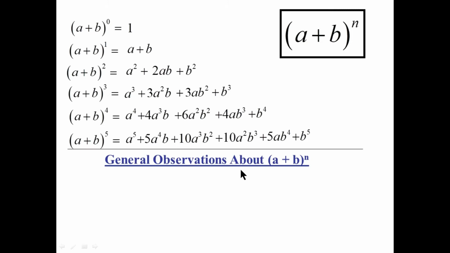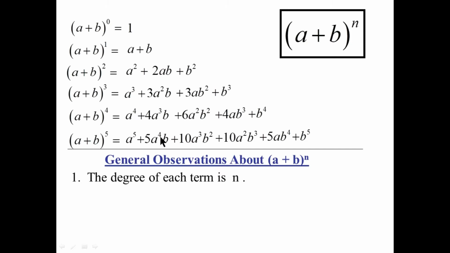Let's make some general observations about a plus b to the n. Here's the results. This is a plus b to the n, with n equals 0, 1, 2, up to 5. First of all, the degree of each term is n. Degree means the sum of the exponents on the variables. Consider this term.